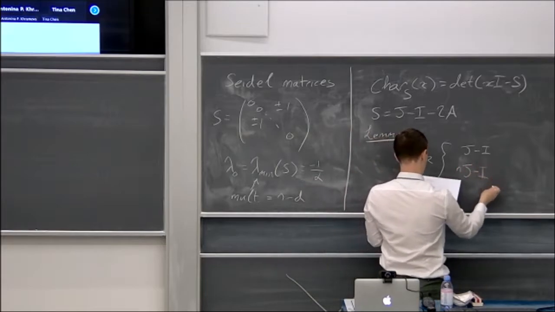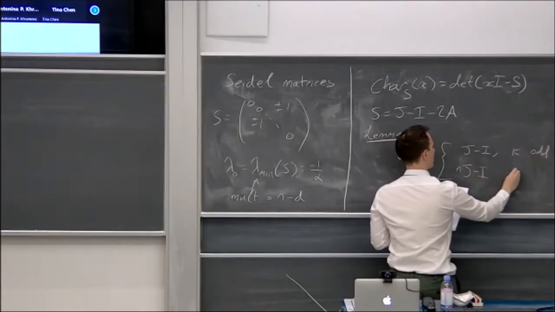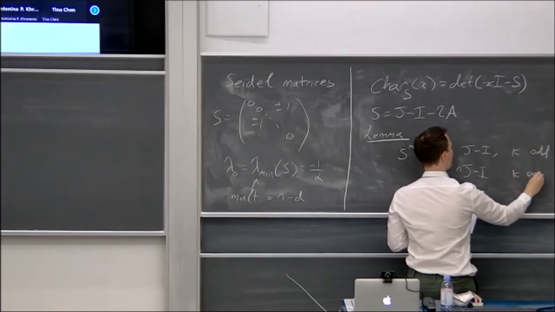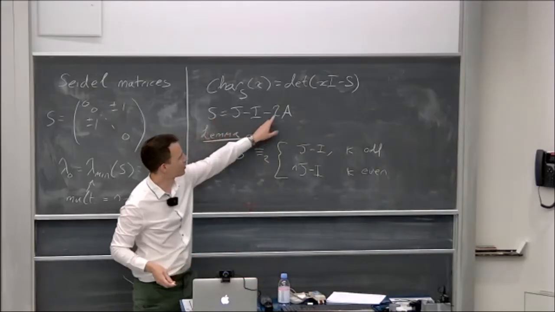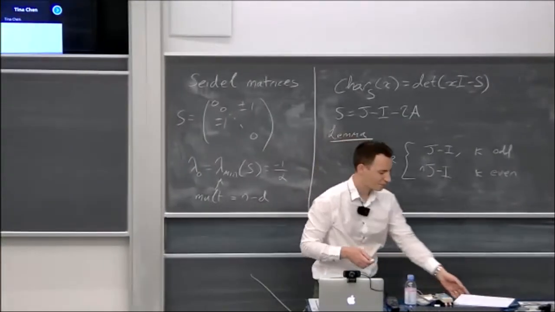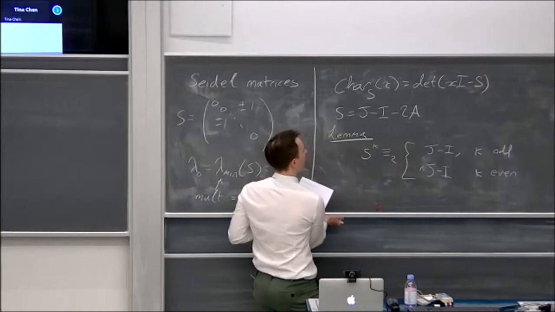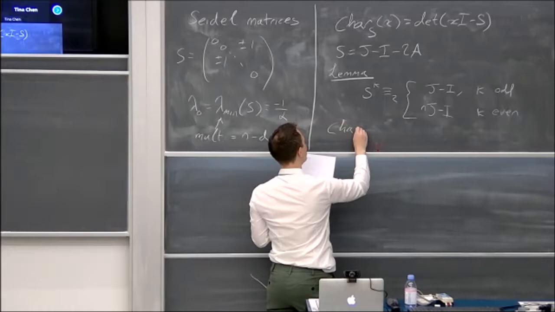Oops, I broke my chalk. The first case is when k is odd, and the second is when k is even. This is pretty straightforward to prove. If you reduce modulo 2, the minus 2A just disappears, so you're just dealing with J minus I. And you can push this further to the characteristic polynomial modulo 2.